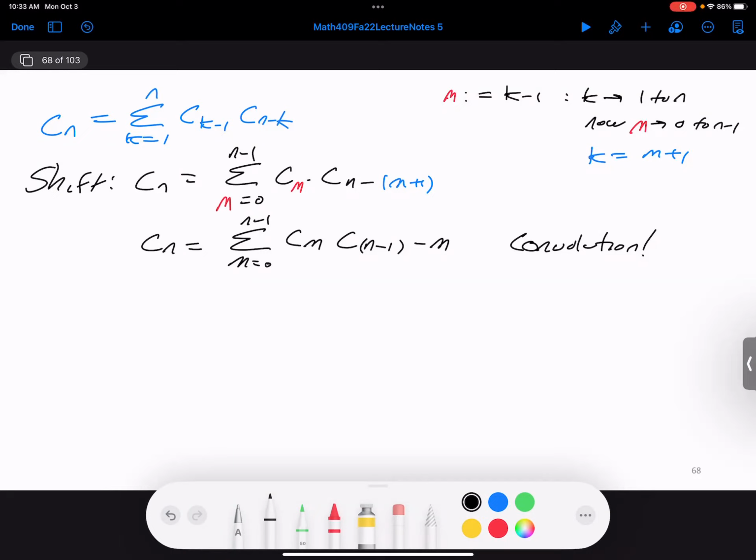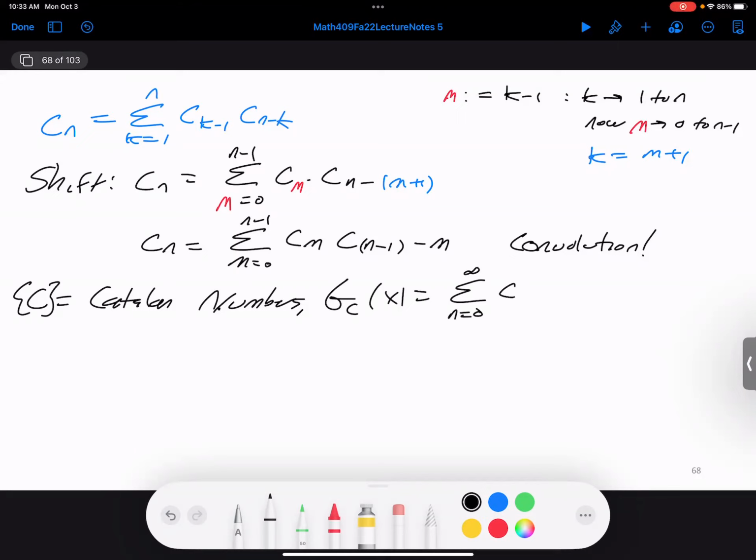So if I let C be the Catalan numbers, and I let GC of x be the sum, n goes from 0 to infinity of Cn x to the n, then GC of x should be GC of x times GC of x times x. Let me see if I got this right.